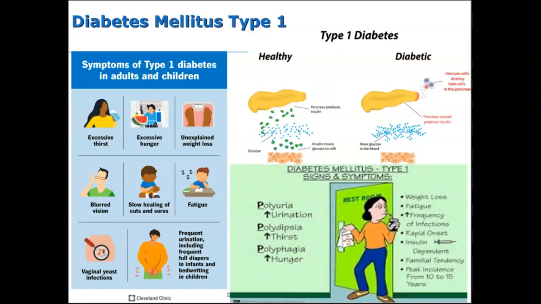And in order to use our glucose for energy, we have to have insulin. It's like a lock and key. The insulin unlocks the ability of the body to use the glucose for energy, right? So we have to be able to have that. They get blurred vision because the blood vessels behind the eyes are real small, and the high glucose in the blood will really kill those blood vessels quickly, and so their vision changes, right?